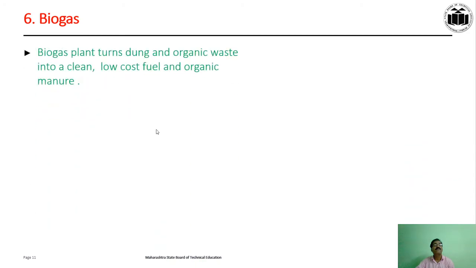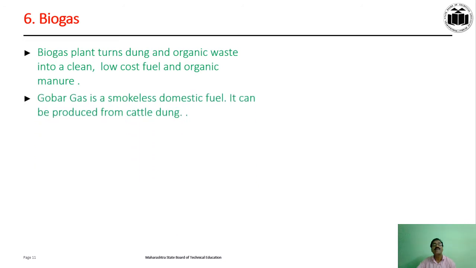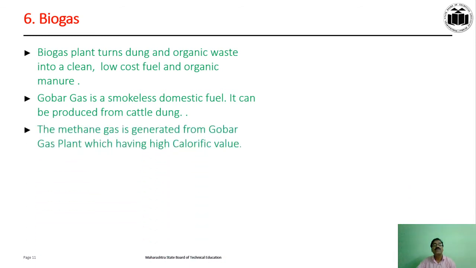Biogas. A biogas plant turns dung and organic waste into a clean, low-cost fuel and organic manure. Gobar gas is a smokeless domestic fuel. It can be produced from cattle dung. Methane gas, which has high calorific value, is generated from the gobar gas plant.